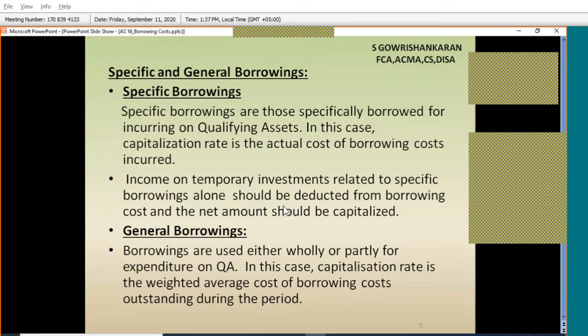For business or working capital, for buying a vehicle, for a personal loan, for constructing my mall. So for all the purposes, we take only one loan. That is general borrowing. Then what is the rate of interest? They will give a rate of interest. What belongs to my qualifying asset, that we have to identify separately. How to identify, I'll explain.